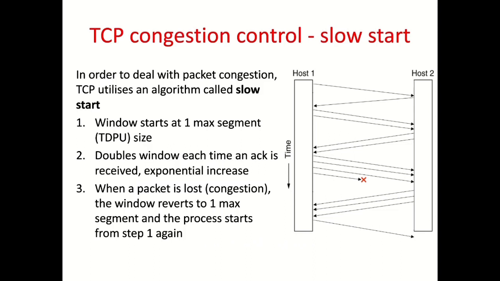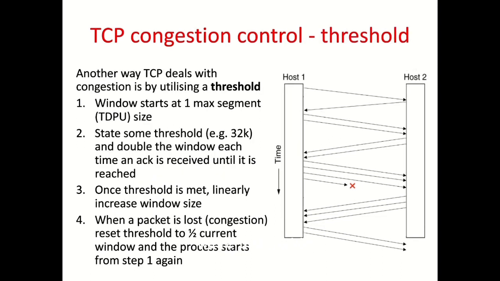But in combination with threshold, we can get there. So what is threshold? We establish some sort of shared threshold for how many packets we think our communication can sustain between the sender and the receiver. So let's just say arbitrarily we have 32,000 packets that are being sent.